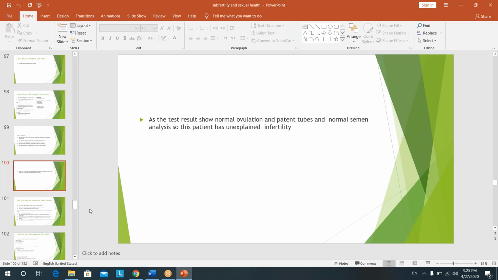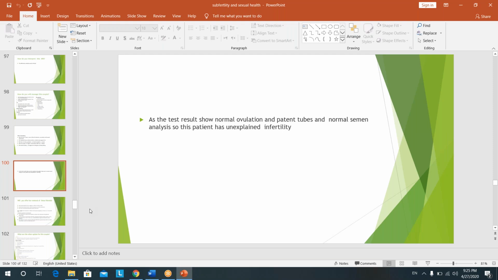Okay, so regarding this fibroid, whether you will offer her removal of the fibroid or not? I will explain to the patient all the benefits and risks associated with the fibroid. And if we offer her myomectomy, there is also a risk of hysterectomy.